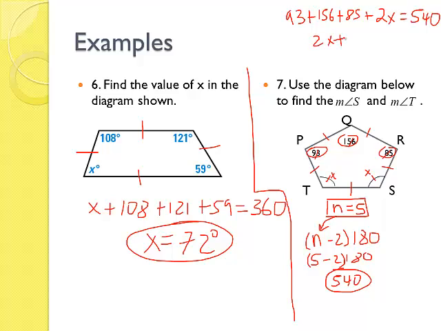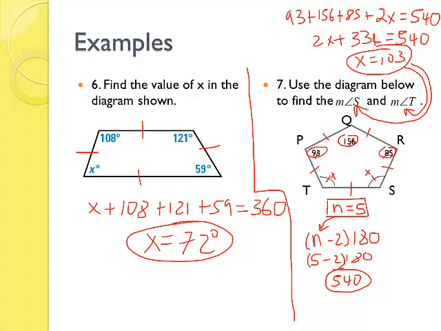We have 2x plus 334 equals 540. Subtract and divide, you get x is equal to 103. Since they're the same, that means the measure of angle T and the measure of angle S is equal to 103 degrees. And you're done.